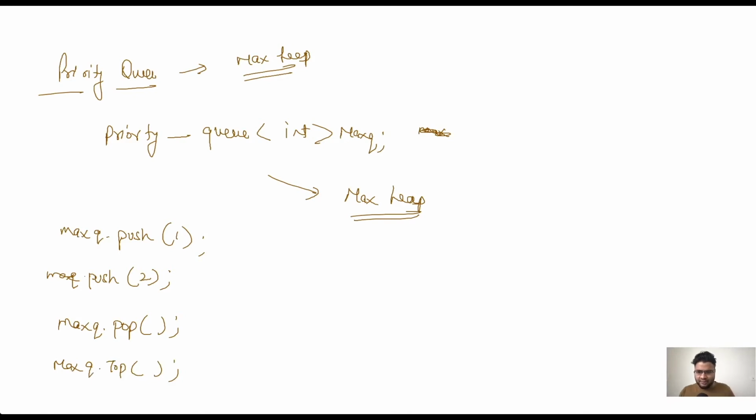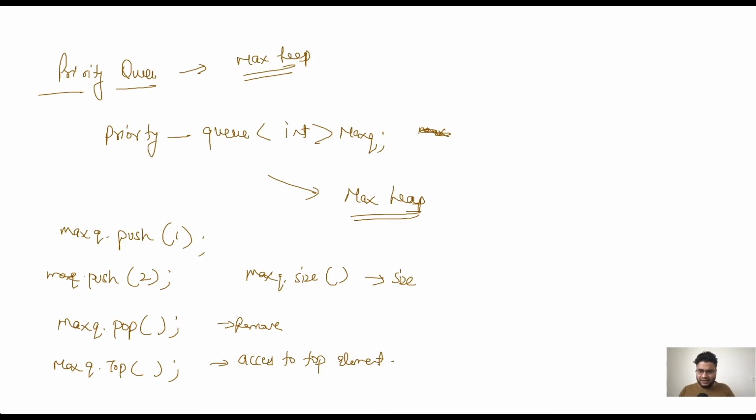Size is also available in max q, priority queue. These are just the APIs of different functions we can write in priority queues. This will remove, this will access the top element. Cool. So that's about the definition of all of these three adaptive containers.